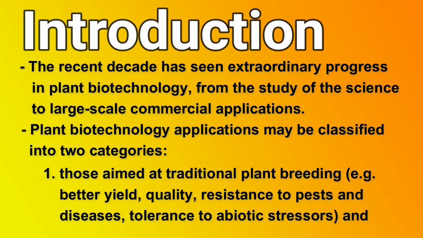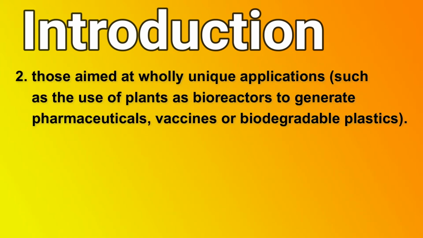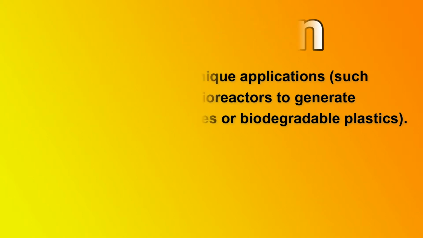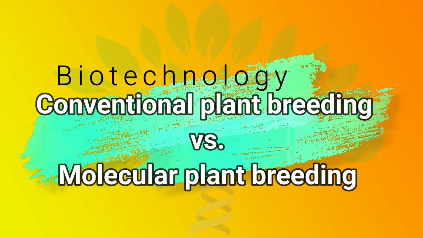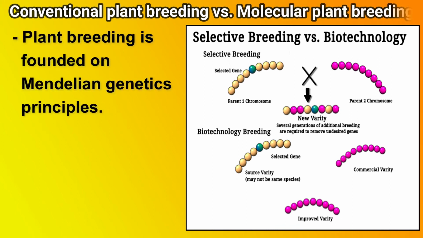Number 1, those aimed at traditional plant breeding, for example better yield, quality, resistance to pests and diseases, tolerance to abiotic stressors, and number 2, those aimed at wholly unique applications such as use of plants as bioreactors to generate pharmaceuticals, vaccines, or biodegradable plastics.